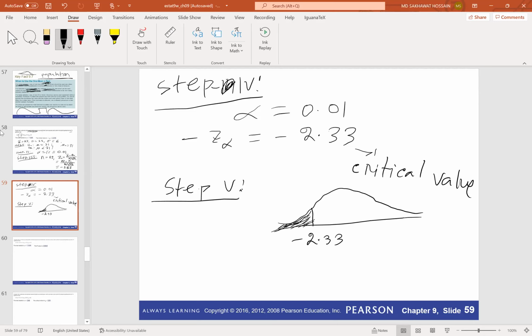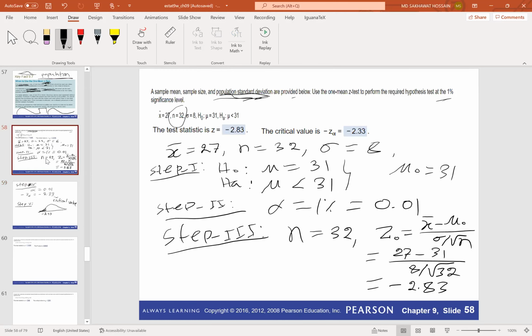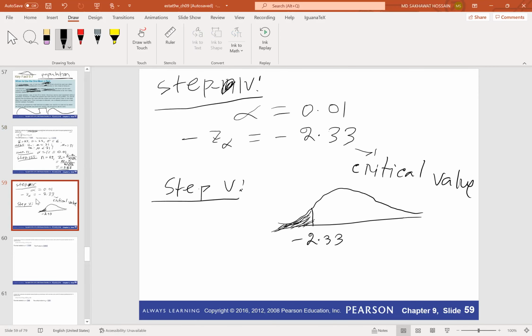Okay, so now go back to the previous slide and look at the test statistic. What is the test statistic? Negative 2.83. So Z0, or Z observed, is negative 2.83. On the x-axis of the normal curve, where is the test statistic?